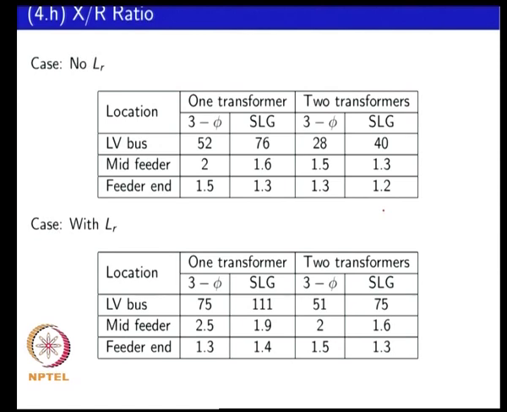Okay. So, if you add a reactor, you can see that your x by r ratio is going further up, but when you go further down into the feeder, you do not see much of a difference on the x by r ratios, because your resistance term of the feeder is now dominating that ratio.